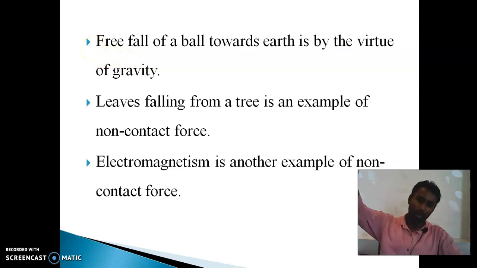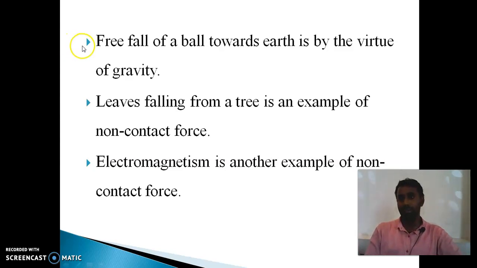If there is no presence of air, or a vacuum, that is called free fall. At that time also, gravitational force will be present.